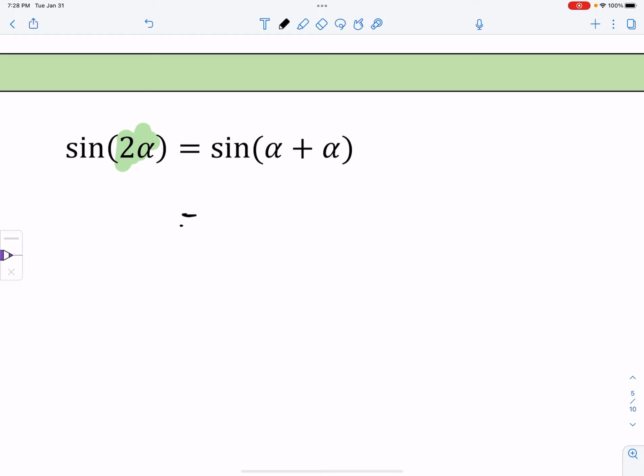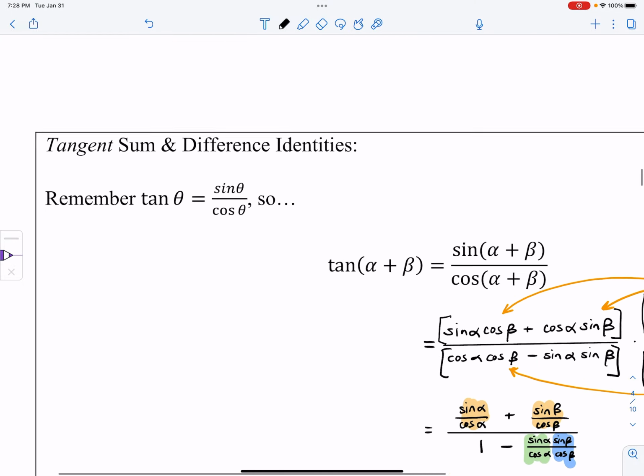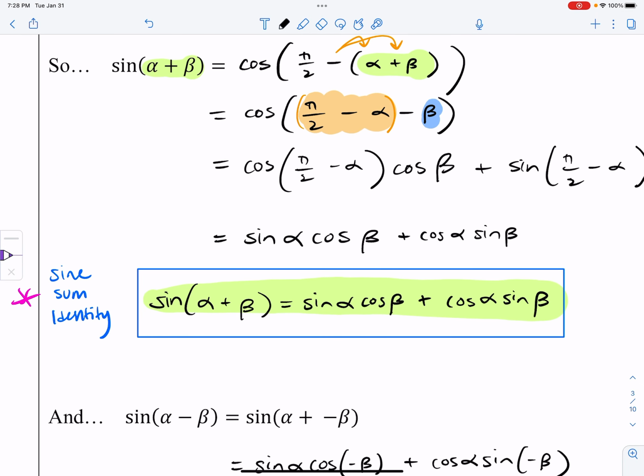We can use the angle sum identity, which will be sine alpha cosine alpha plus cosine alpha sine alpha. And that's just referencing back up here, since I didn't derive it in this video. That's the sine sum identity, angle sum identity.